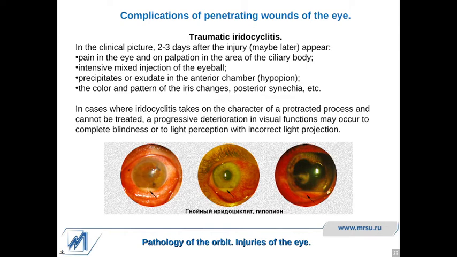So, the clinical picture is that of acute iridocyclitis, but it comes to the eye 2 or 3 days after the injury. In cases where iridocyclitis takes on the character of a protracted process and cannot be treated, a progressive deterioration in visual functions may occur, to complete blindness or to light perception with incorrect light projection.